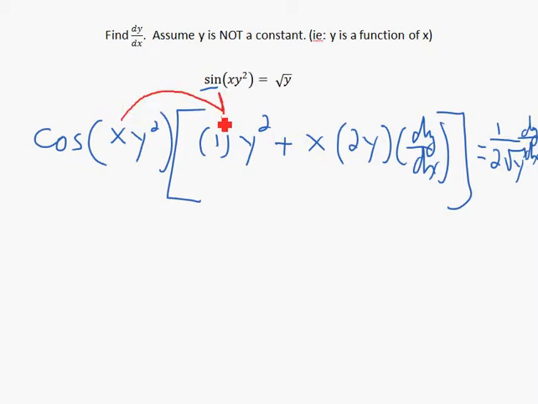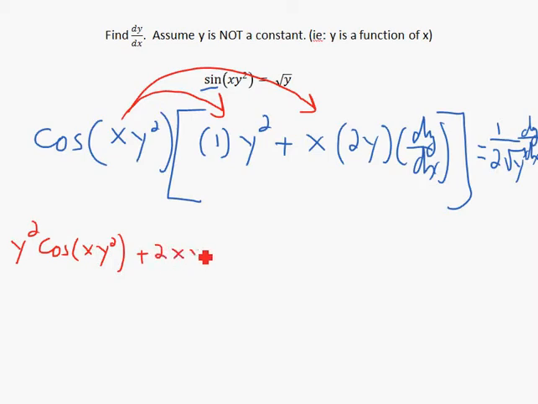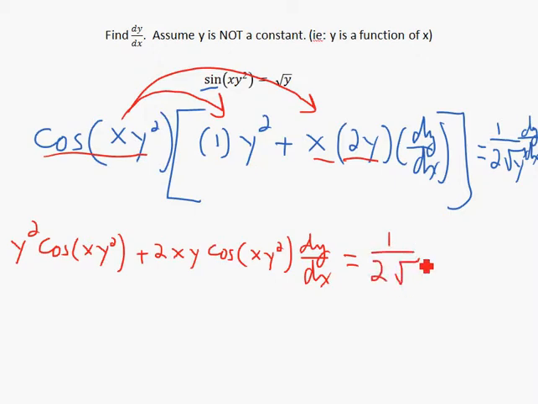So I'm going to distribute this cosine of xy squared into these parentheses, and what we're going to get is y squared times cosine xy squared, plus 2 times y times x, so that's 2xy, times cosine xy squared, and dy/dx is still tacked on the end, so times dy/dx. And that equals 1 over 2 root y times dy/dx.